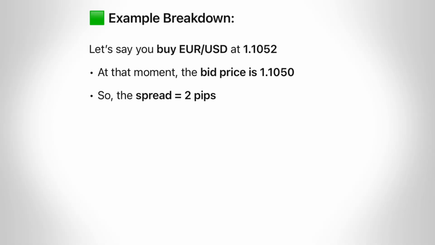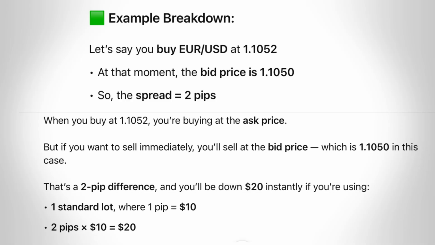But let's also see an example. So let's say you buy Euro USD at 1.1052 and you have a bid price of 1.1050. So that's a spread of 2 pip. Now until the bid price rises to at least 1.1052, you are still in a negative territory.